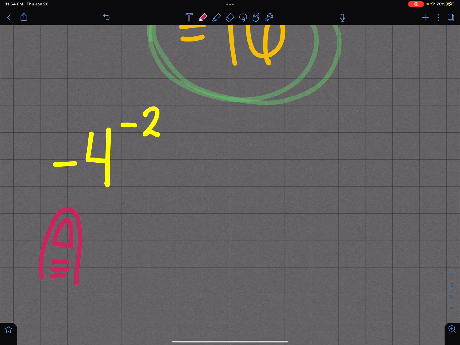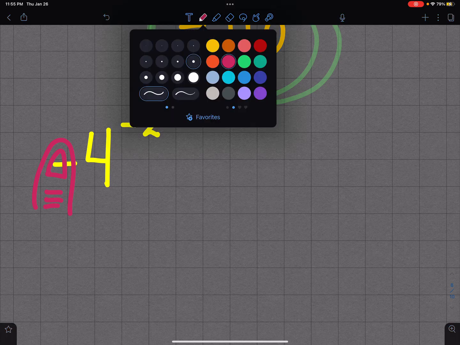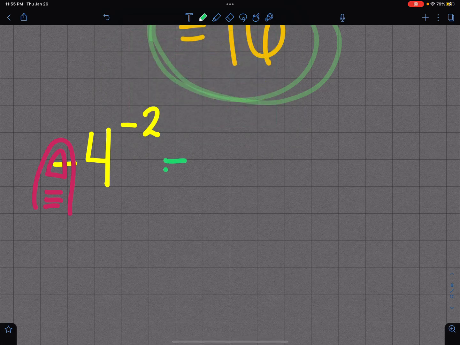Okay. So we've got our pink finger, and this time we can put it in front of that negative sign because there's no parentheses there, right? So this means the opposite of 4 raised to the negative 2 power. So we already did 4 to the negative 2 power, so we know how to do that.